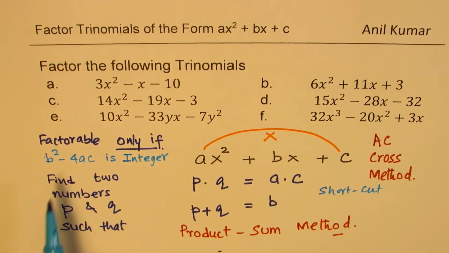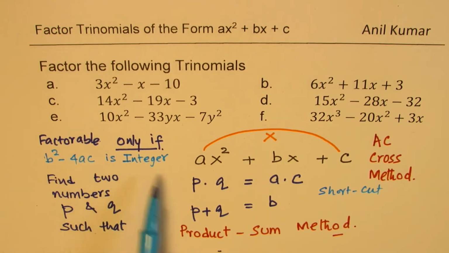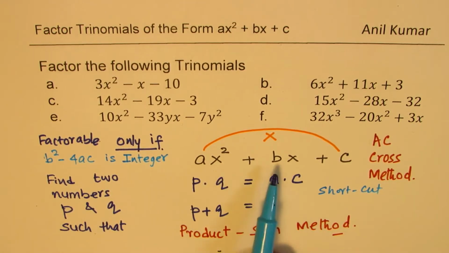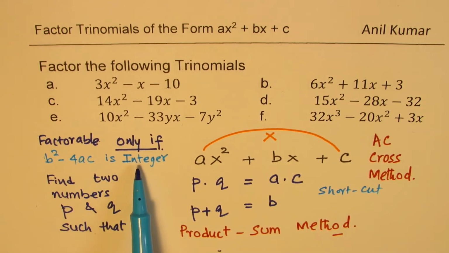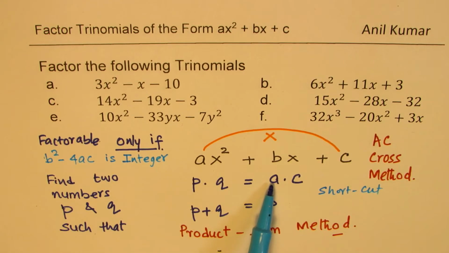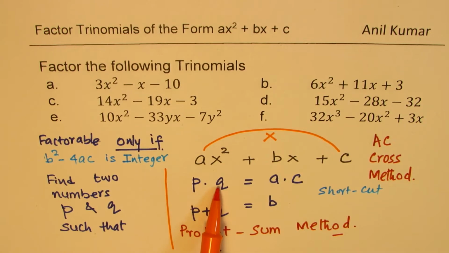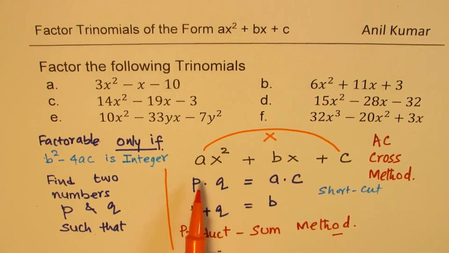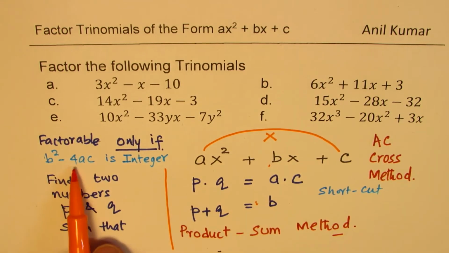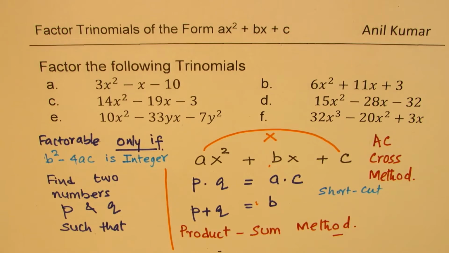So if b square minus 4ac is an integer, you can actually factor this. But if it is not an integer, then it becomes very difficult to factor using the technique which we are discussing. Is that clear to you? But my take on this is that if you can find a combination that product of two numbers is same as a cross c and the sum is same as the coefficient of b, then you can factor. So you don't have to calculate this. Ultimately, you have to factor if they are factorable.